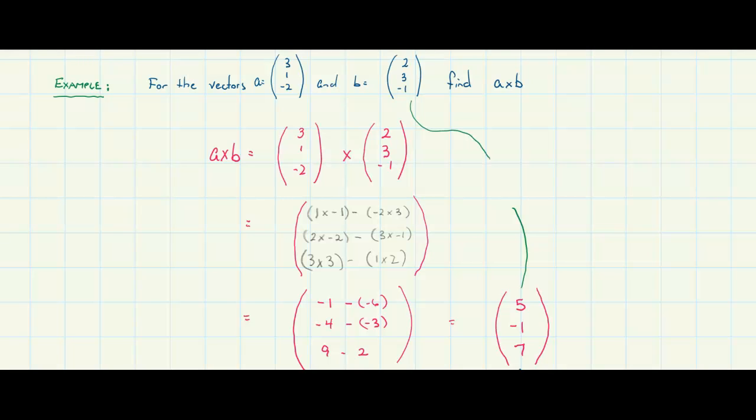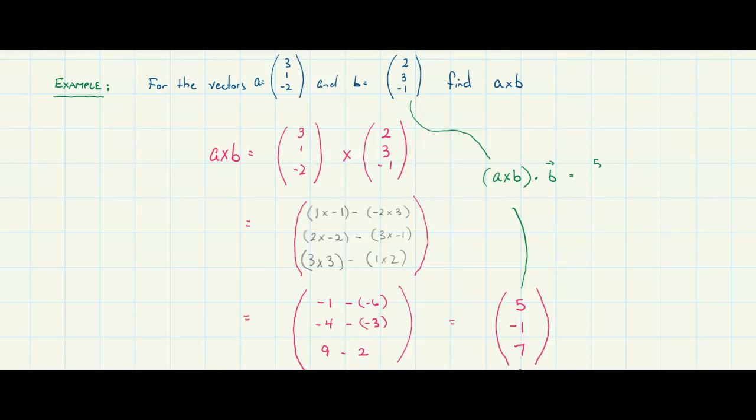If I dot product two vectors that I know are perpendicular, I should get 0. Let's test it out. So A times B, the vector, dotted with the vector B, that should be equal to 0.